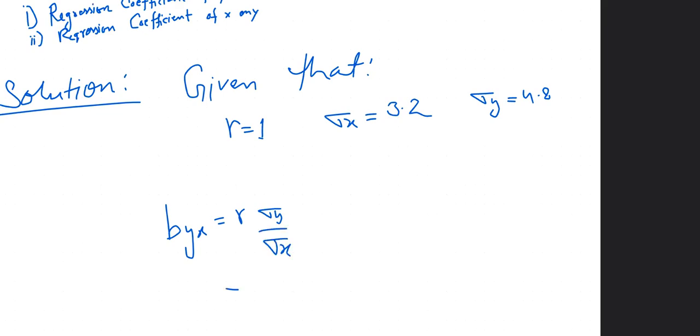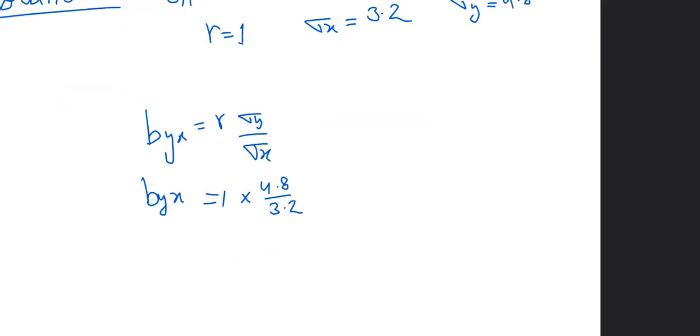So byx is equal to r into sigma y over sigma x. r is 1, sigma y is 4.8 and sigma x is 3.2.